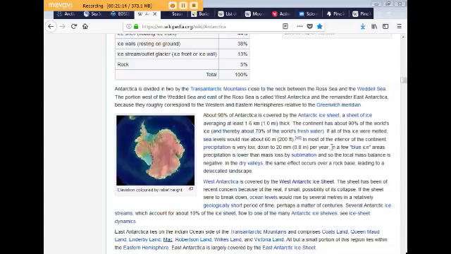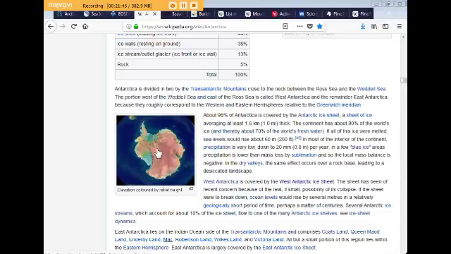In most of the interior of the continent, precipitation is very low, down to 20 millimeters or 0.8 inches per year. In a few blue ice areas, precipitation is lower than mass loss by sublimation, and so the local mass balance is negative. In the dry valleys, the same effect occurs over a rock base, leading to a desiccated landscape.